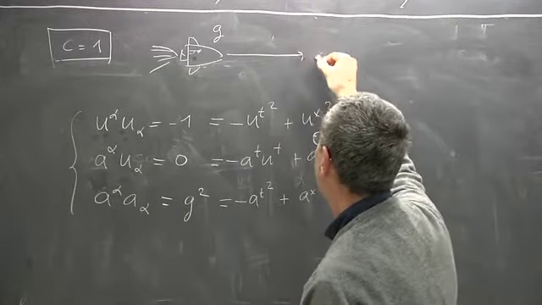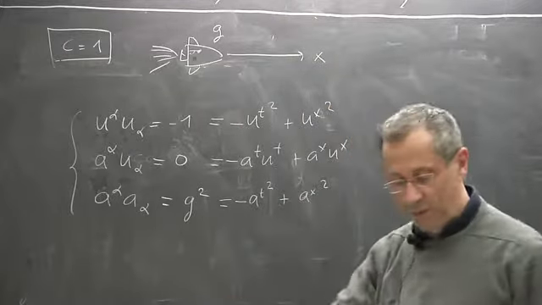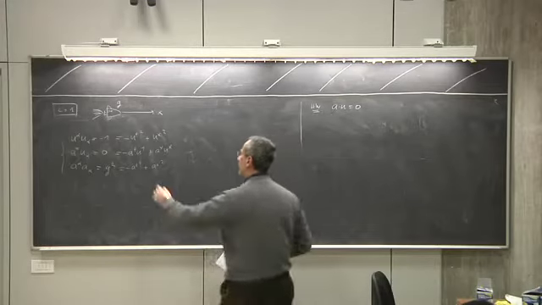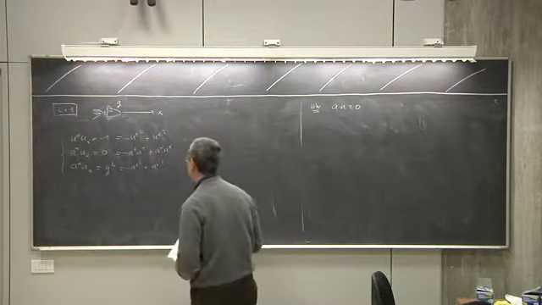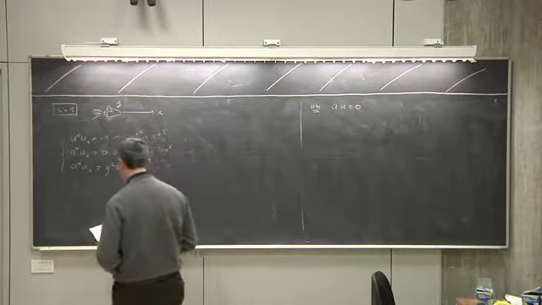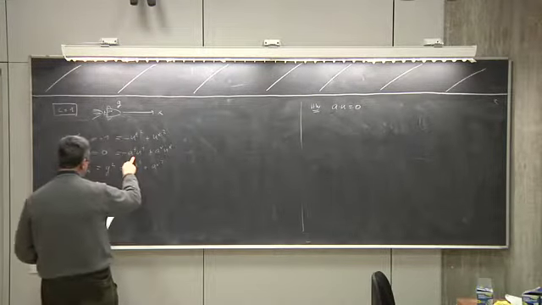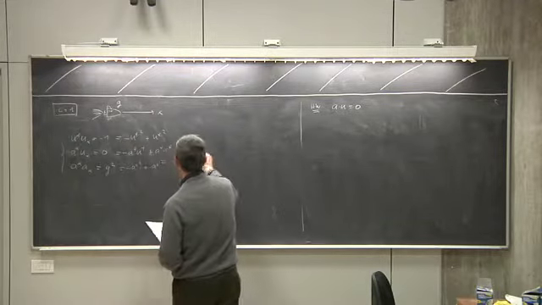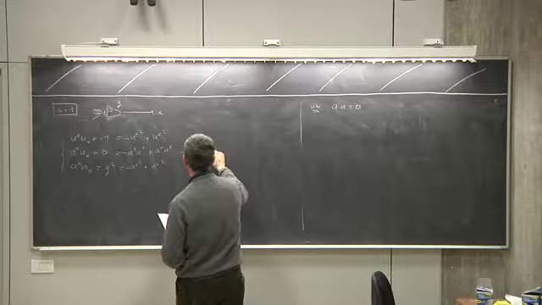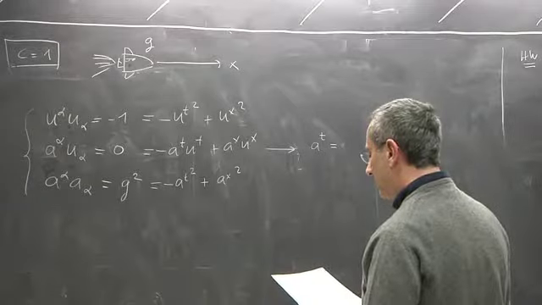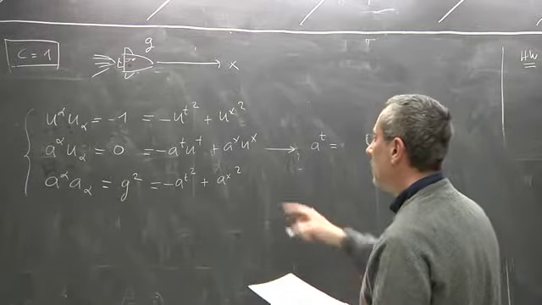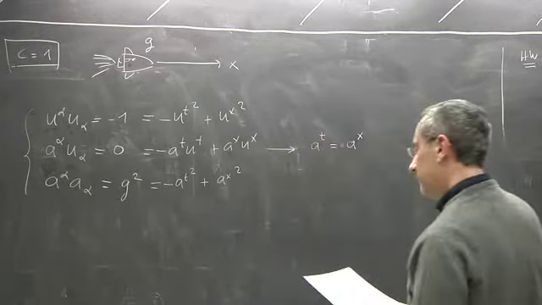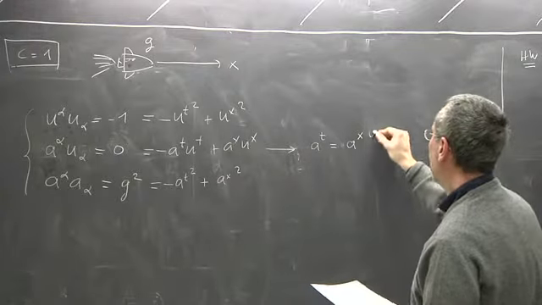I'm assuming this is the direction x, so whatever happens in the y-z direction I don't care about, because I'm moving in a fixed direction that I decided to call x. The other components I can neglect completely. So from this one, let's write it this way: you see that I can write at, the time component of my acceleration, equal to ax, taking it on the other side, times the ratio of the two components of the velocity.